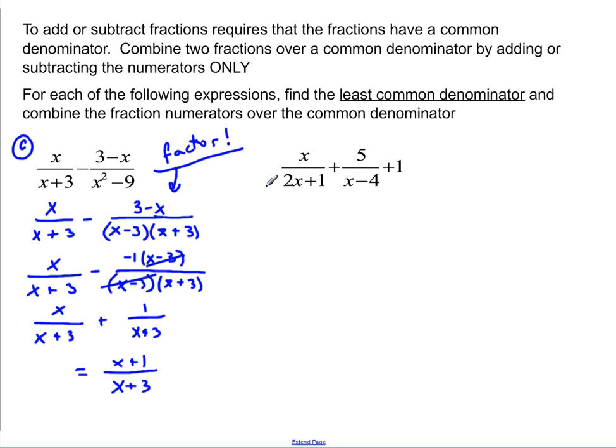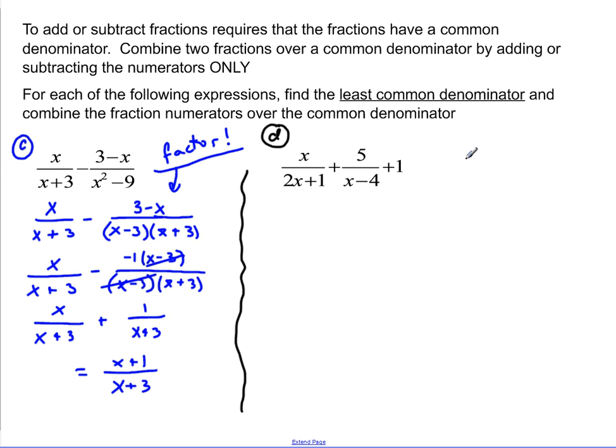All right. Now, sometimes it isn't always possible. Let's look at example D right here. In example D, I've got x over 2x plus 1 plus 5 over x minus 4 plus 1. Neither of the two denominators here look like they have anything equivalent. So we're going to have to get our common denominator just directly this time.